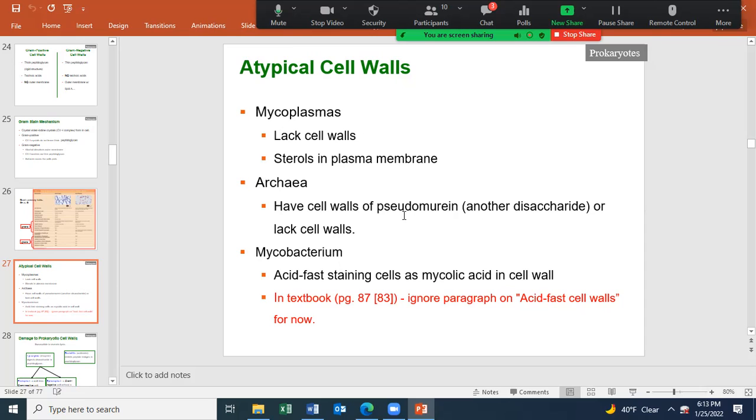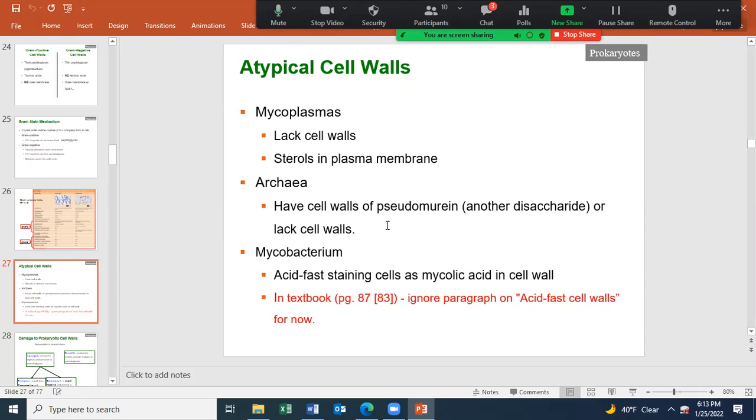And then there's one other atypical cell wall, and these are not bacteria. They're the archaea. All of the stuff that I talked about with the cell wall is the cell wall of a bacteria. The archaea have different cell walls. Instead of having peptidoglycan, they have pseudomurein, which is another disaccharide.